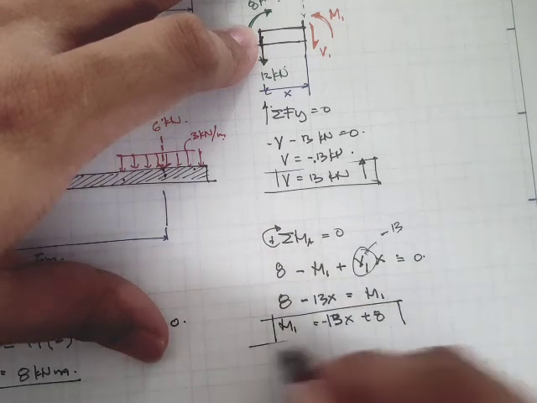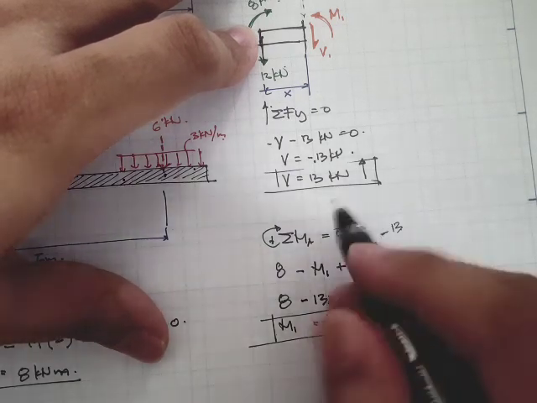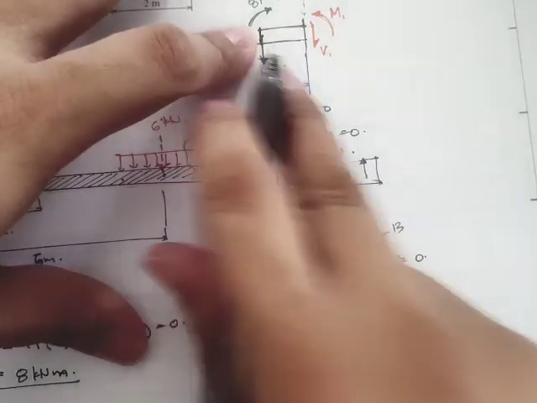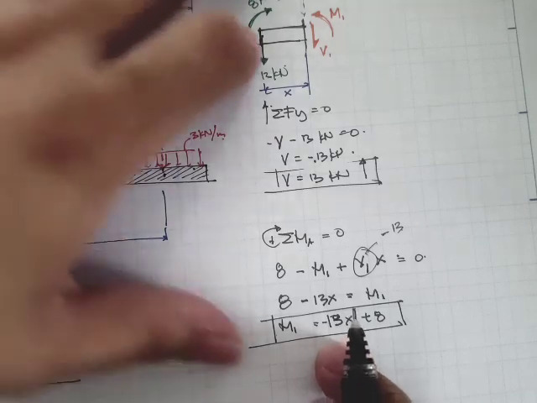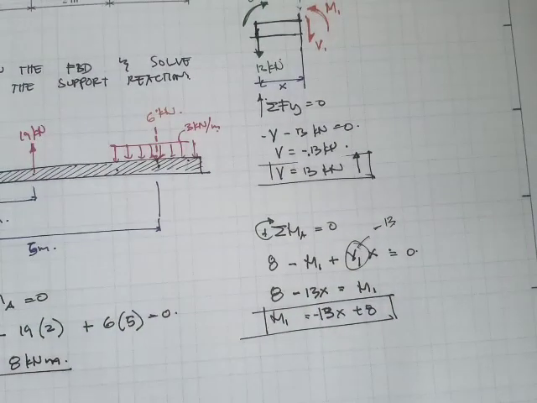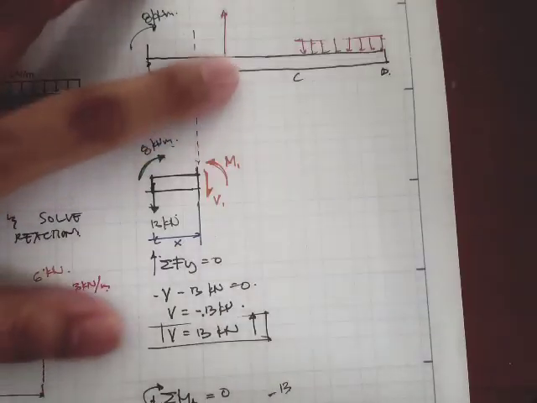So this is an equation of a line. This one is a constant. In other words, the shear is just constant, but for the moment, it's linear. The next step is to make a section from point B to point C.